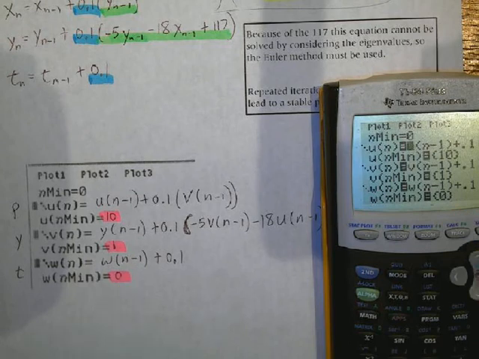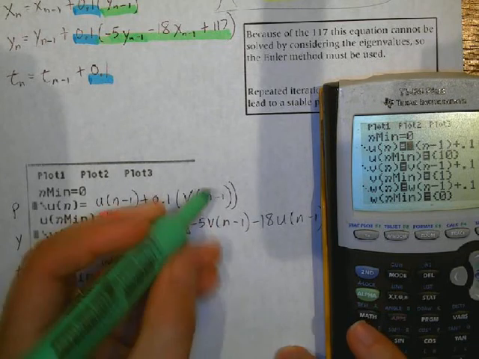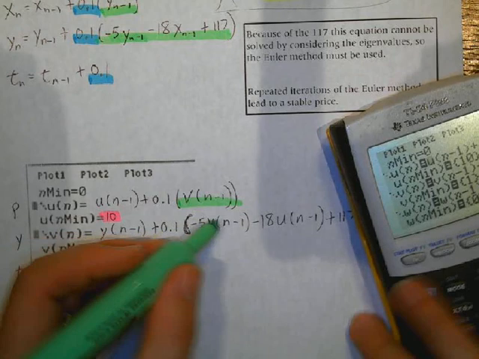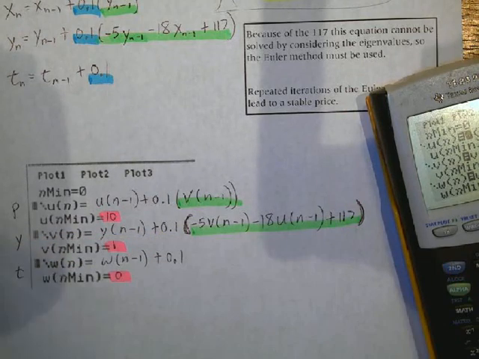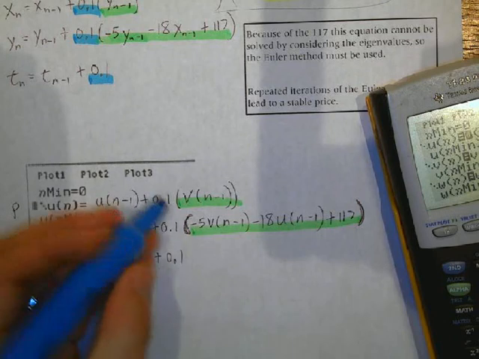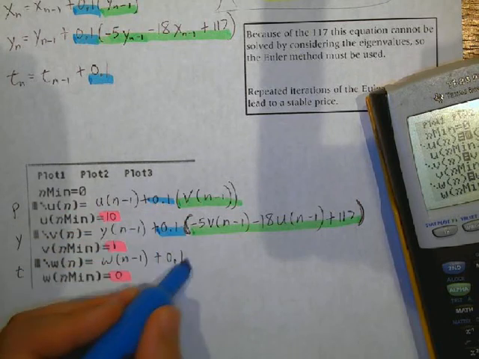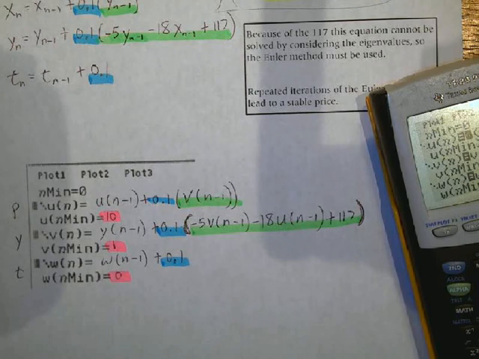The only thing I really need to change is these parts that I'm highlighting in green. Everything else seems to be the same for every single question. They always seem to have a step of 0.1. This part that I didn't highlight always stays the same.